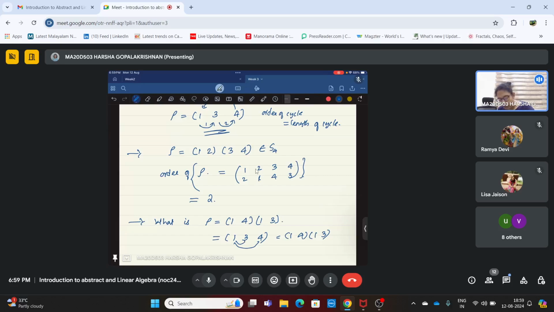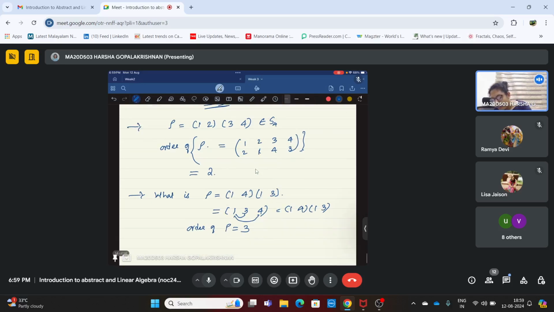So we have seen that the order of this row is 3. It is not 2. If it is disjoint only, we can do it like that.